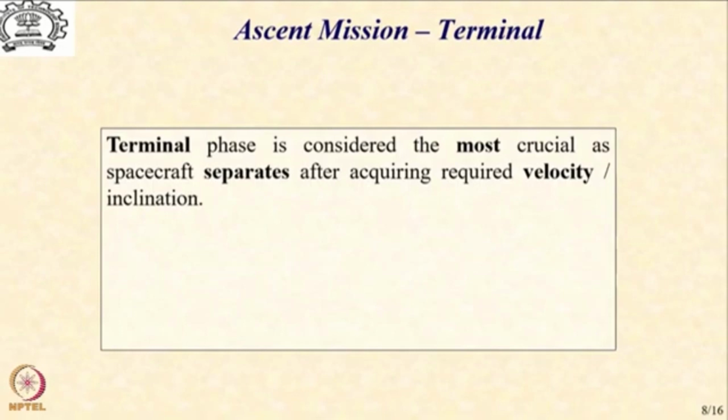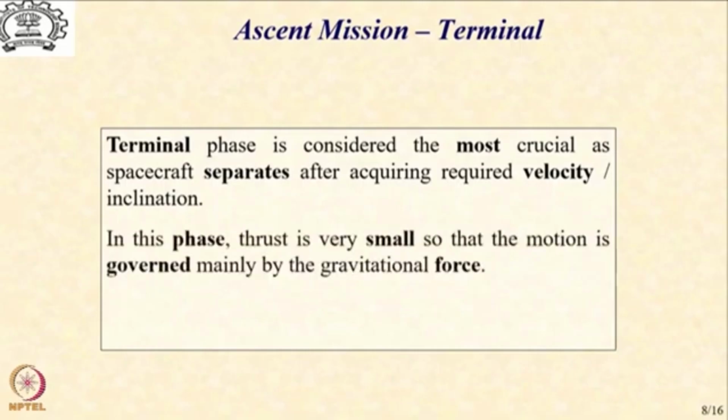So you must be sure that the initial conditions required for the spacecraft are achieved by the terminal phase, and that the separation itself is a clean operation. In this phase, the thrust is generally very small, and the only force which is going to have a mechanics implication is the gravitational force.